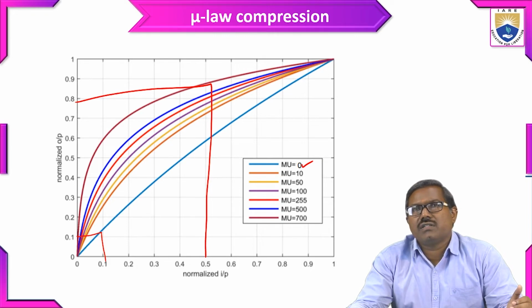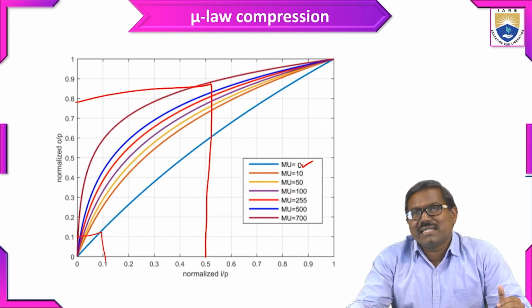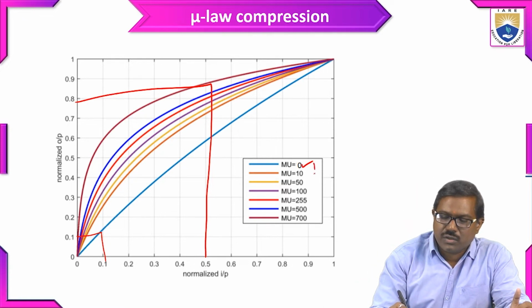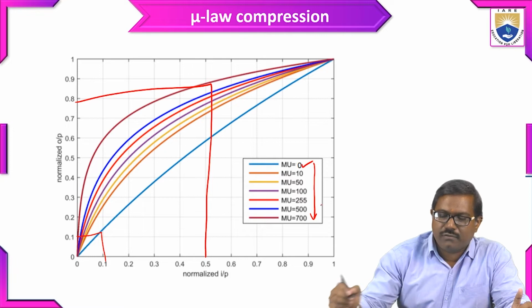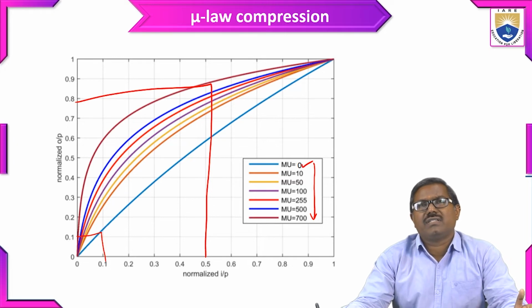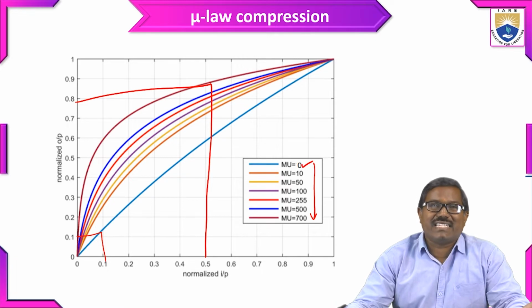The output value is increased to 0.8. So when mu increases, the compression increases. Here you can see mu is given a number of values: mu is 0, 10, 50, 100, 255, 500, 700. What happens? The compression is increasing.